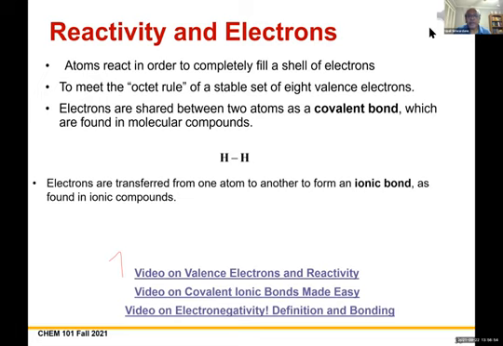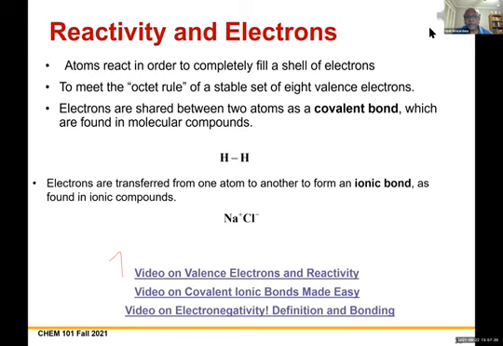That is sharing electrons. Electrons are also exchanged between 2 atoms, making an ionic bond and producing ionic compounds. There are 2 types of bonds, covalent bonds and ionic bonds. We're going to discuss them later.